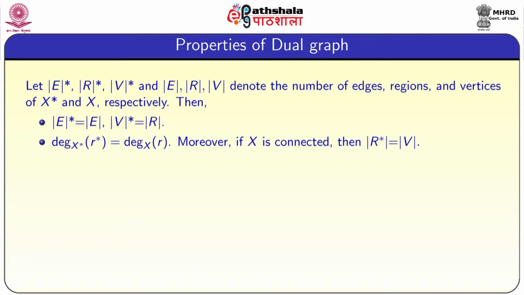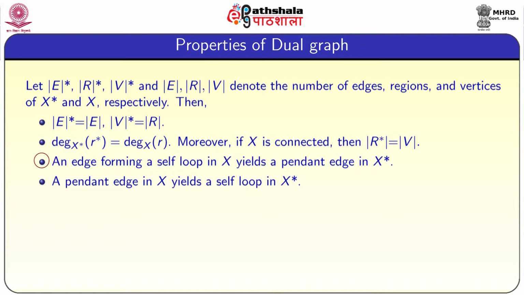Then we have the number of edges in X star, that is |E star|, is equal to the number of edges in X. The number of vertices in X star is equal to the number of regions of X. The degree of a vertex in X star is equal to the degree of the corresponding region in X. Moreover, if X is connected, the number of regions in X star is equal to the number of vertices in X.